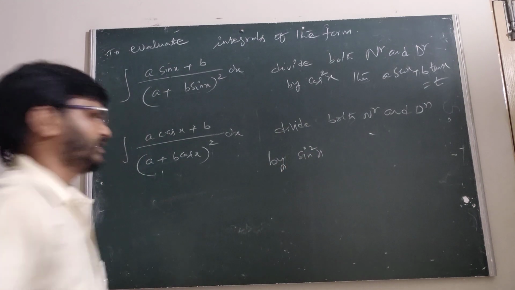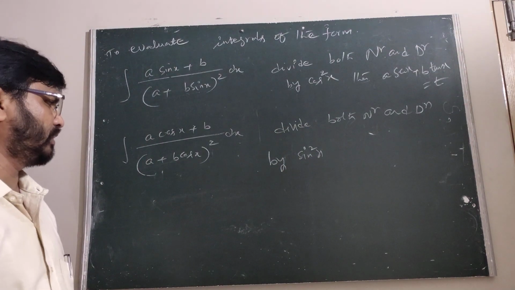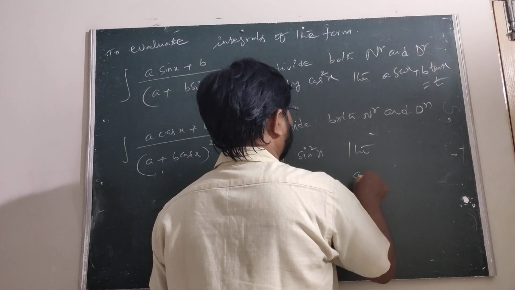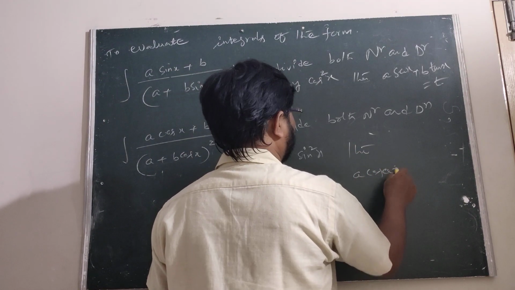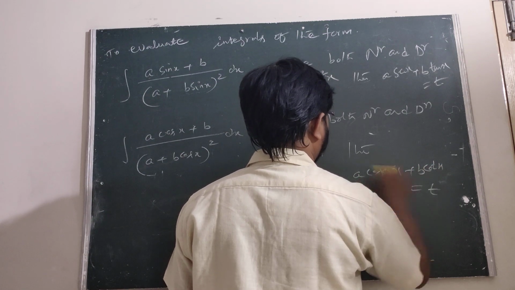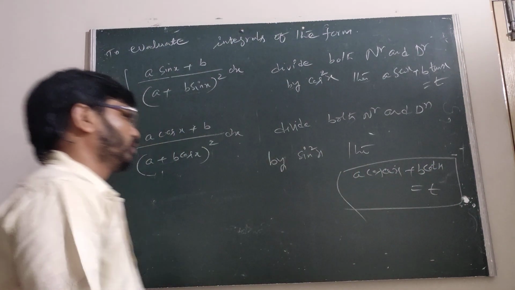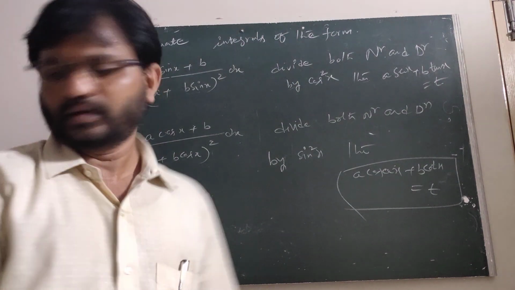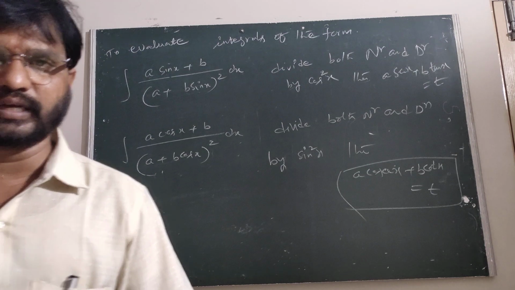Multiply with cosecant square or divide by sin square x, both are the same. Then we take a into cosecant x plus b into cot x equal to t. These are the two special type integrals.